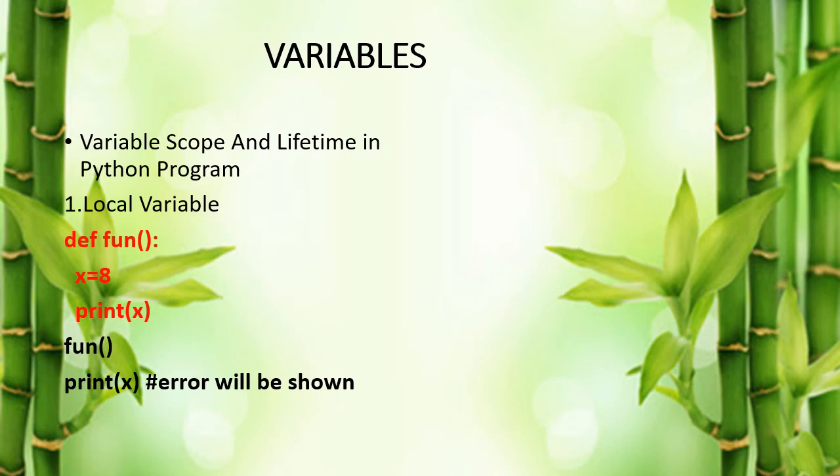In the main program the function is called. Next, if after calling the function you print x, it will show an error, because x is only available inside the function. It only lives inside the function fun. There it can print, but outside of the function it is unknown, so it shows the error.